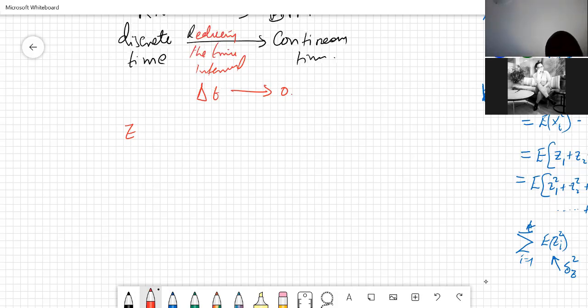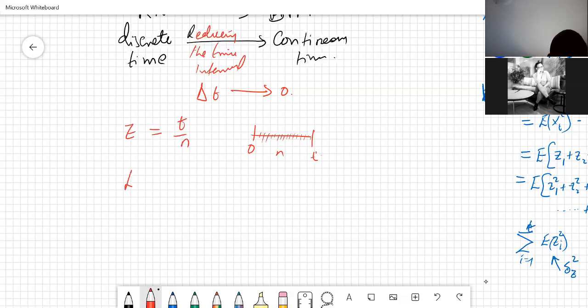But when the time interval is reduced as much as possible, we can consider z to be some function T over N. T is the time interval and N is the number of divisions that we are having within the interval 0 to T. We subdivide it into so many N parts, so that our z now is not 1, but we are calling it T over N.